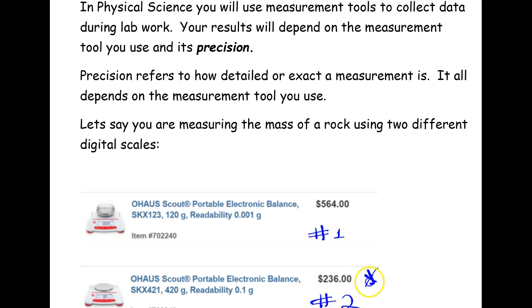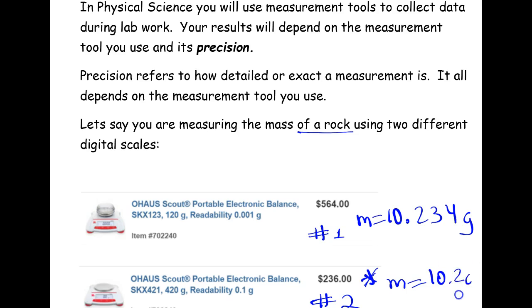So let's say we wanted to find the mass of a rock. We have the same exact rock, but using the first scale, let's say we obtain the mass to be 10.234 grams. If we were to use digital scale number 2, on the other hand, the mass would equal 10.2 grams.